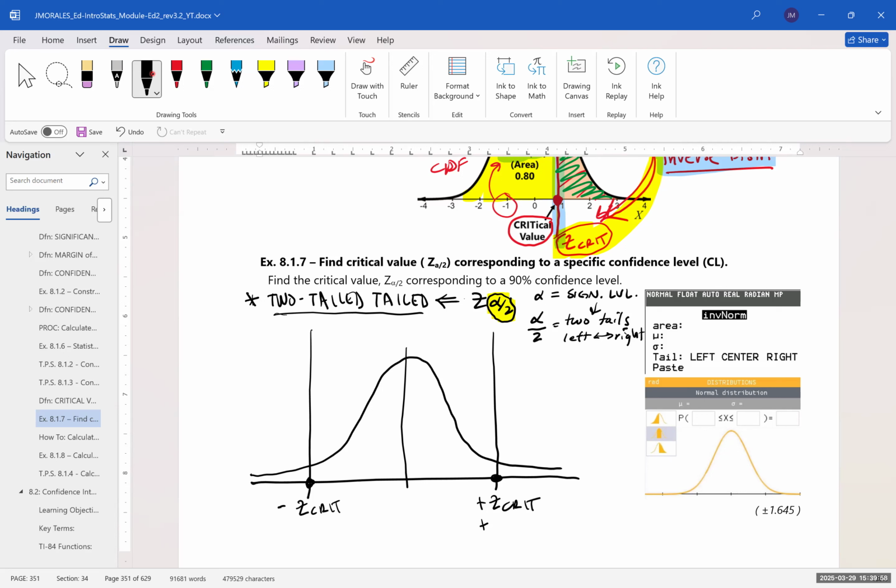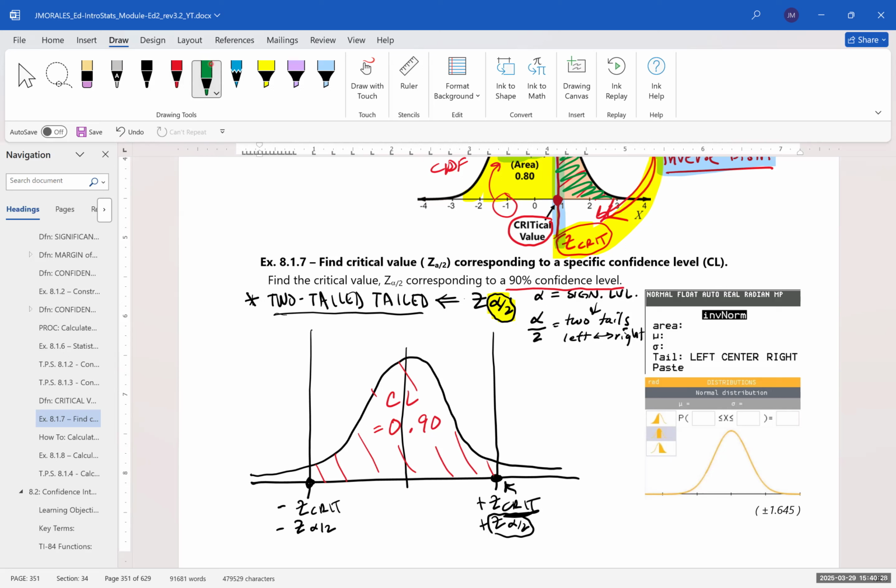Coincidentally, this will be the positive Z alpha 2 score, and this will be the negative Z alpha 2 score. But this particular Z alpha 2 score is considered a critical value because it's the boundary between the confidence level in the middle, which is 90%. That's what was given.